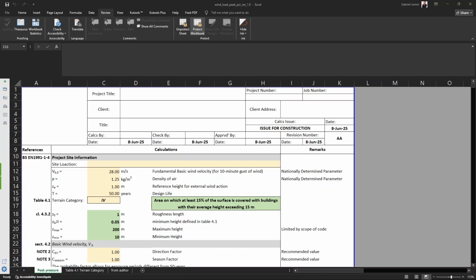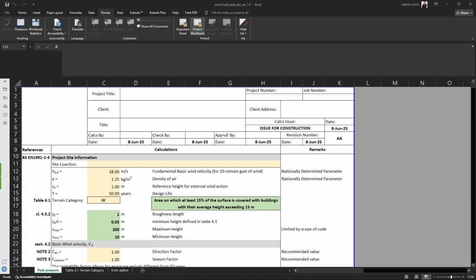Next up, we have the density of wind. This is also a nationally determined parameter. For my case, I've used the Eurocode national annex, which provides for 1.25 kilograms per cubic meter for the density of air. Now the reference height refers to the height of the point at which we want to determine this pressure.